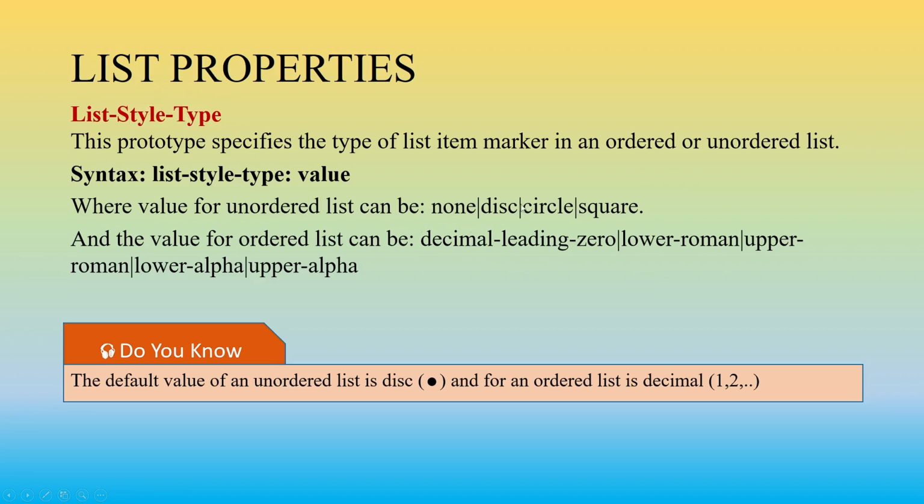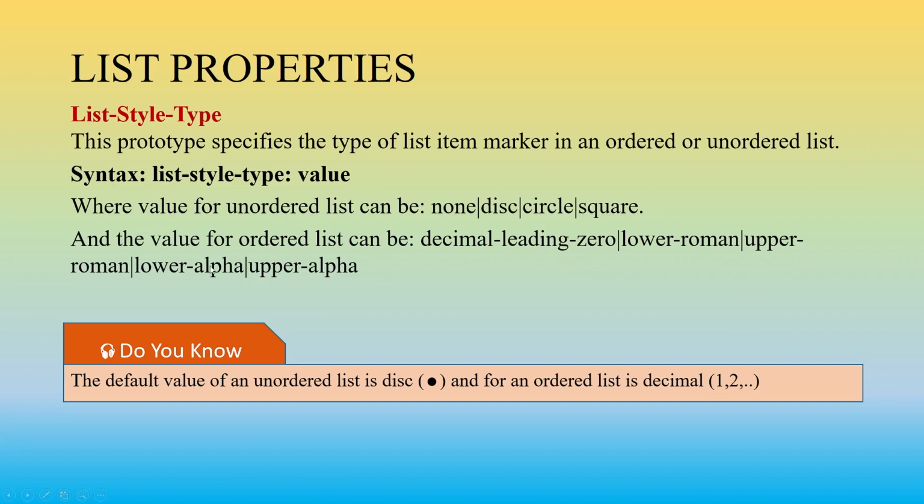The disk, circle, square, or any other image. This property specifies the type of list item marker in an ordered or unordered list. These are the attributes related to both types of tags, the ordered and the unordered one.